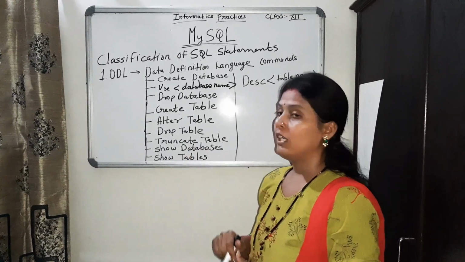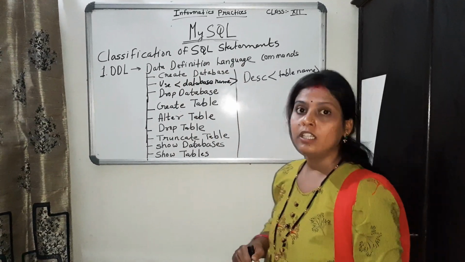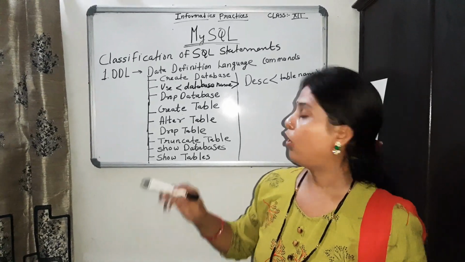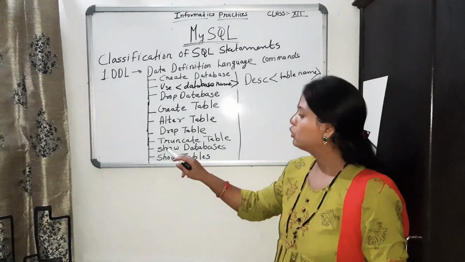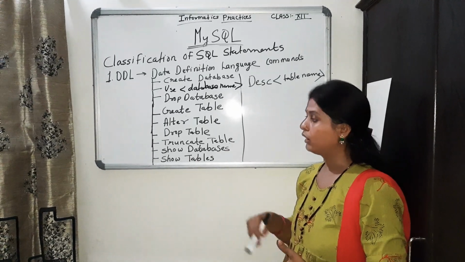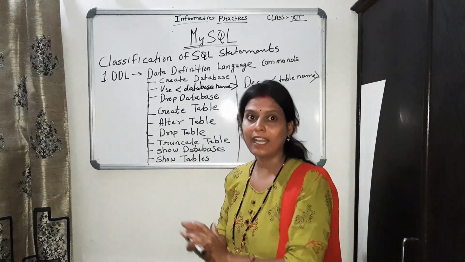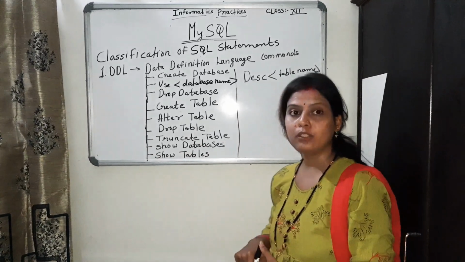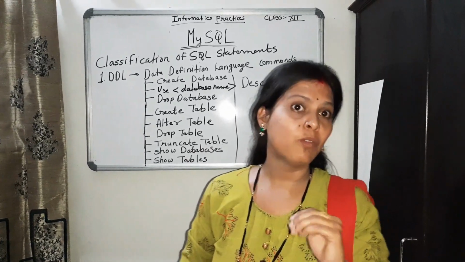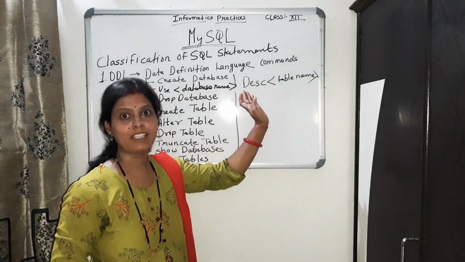Now show databases. After working with all these commands, if you want to list out the names of all the databases of your particular application, then the show databases command is used. If you want to list out all the tables of the database you have entered, then you can use the show tables command. It will list out all the tables in a particular database. We have one more DDL command, describe.